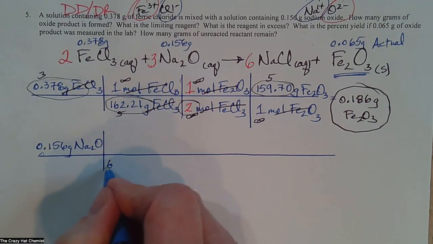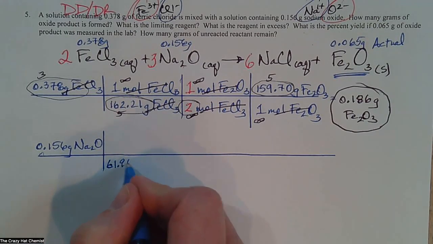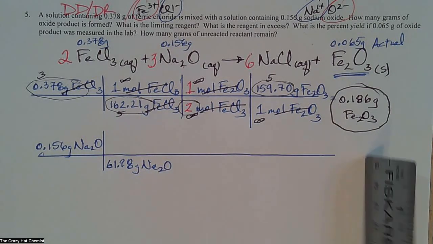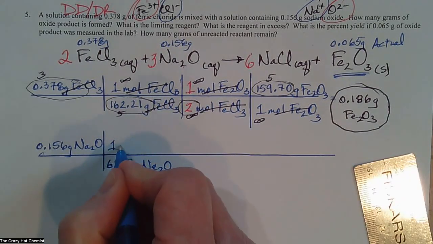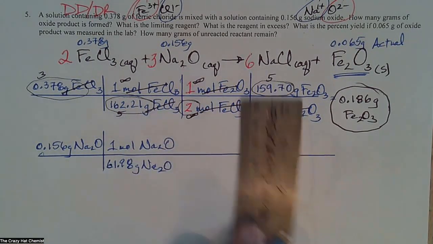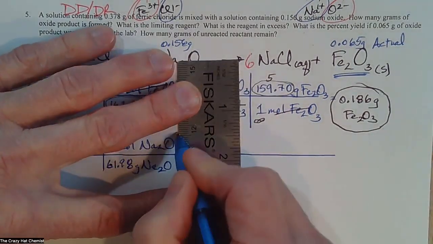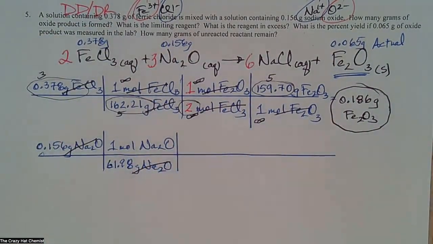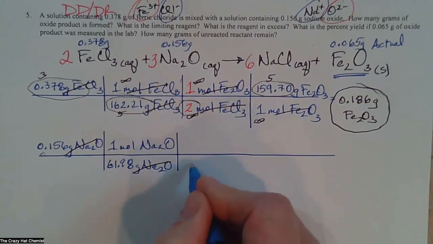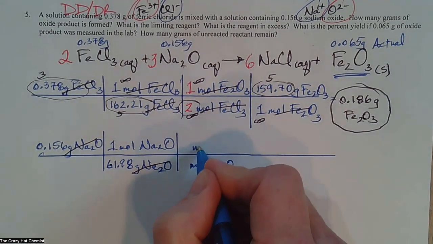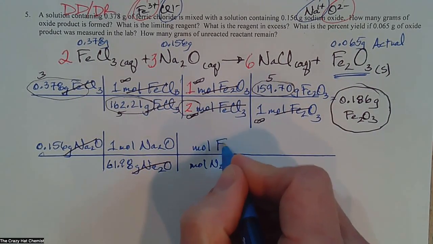So I'm going to have 61.98 grams of Na2O, and that will be equal to 1 mole of Na2O. I'm going to have my vertical stop in between these. I'm going to cancel out grams of sodium oxide. I'm going to go from moles of sodium oxide to moles of the ferric oxide.